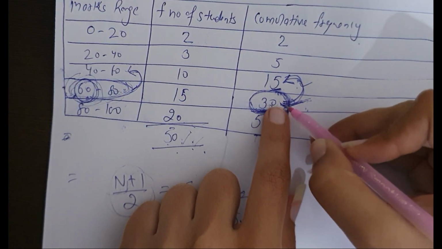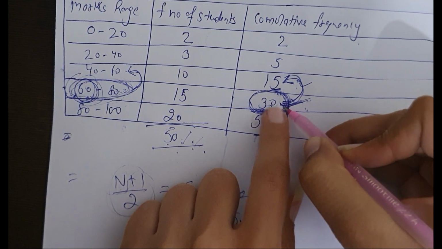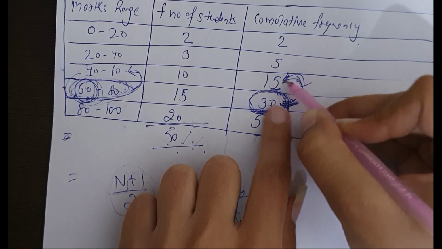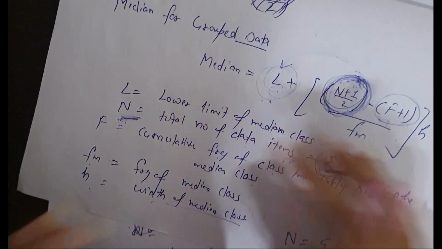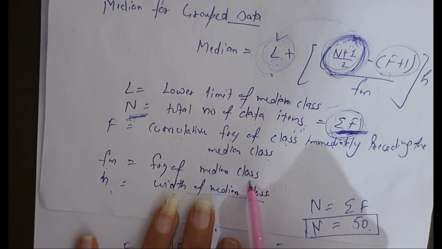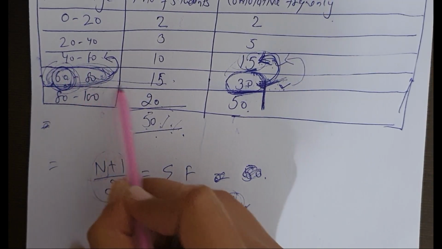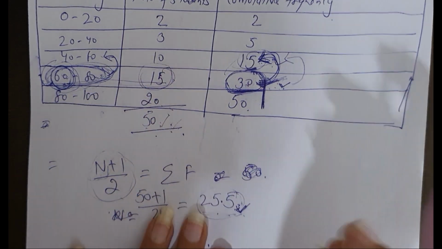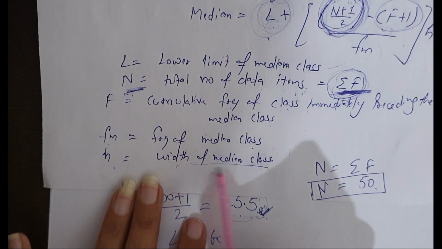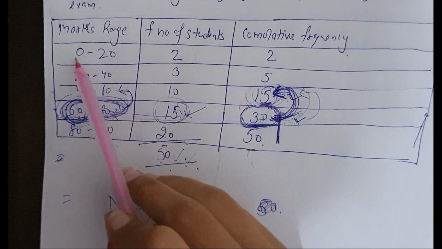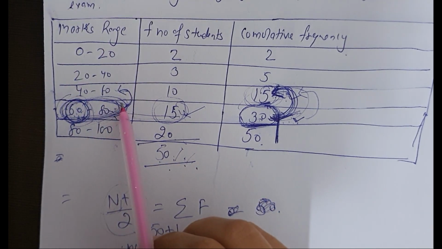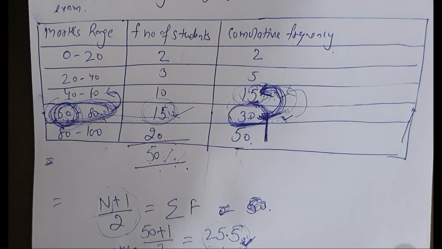In simple words, this is the cumulative frequency, but we have to take the cumulative frequency preceding it, because this is demanded in the formula. Now another thing, frequency of the median class. This is the median class. We have to take its frequency. Its frequency is 15. Here fm is also 15. Another thing, width of the median class. Width means the difference between these classes, that is 20. H value is 20.